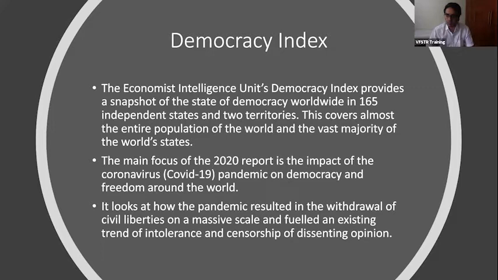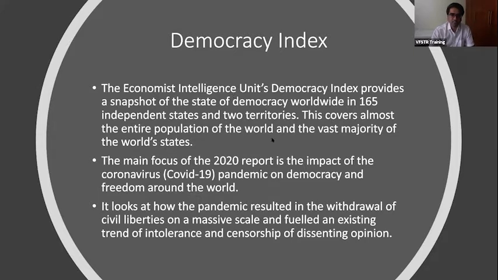The current report focuses on the impact of the pandemic on democracy and freedom around the world. It looks at how the pandemic has resulted in the withdrawal of civil liberties on a massive scale and fueled an existing trend of intolerance and censorship of dissenting opinion.